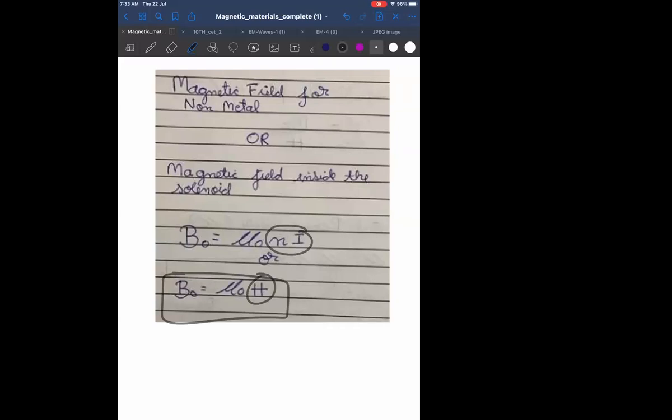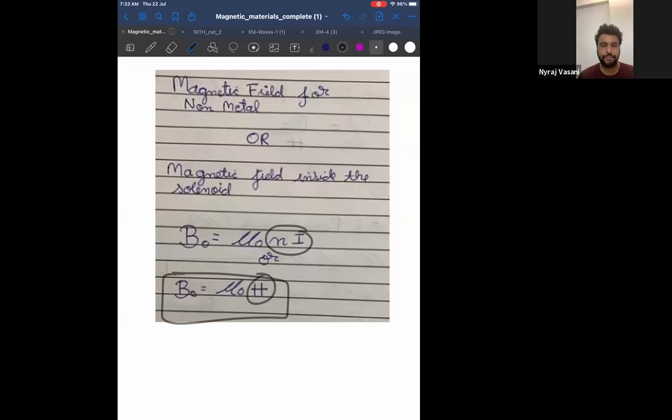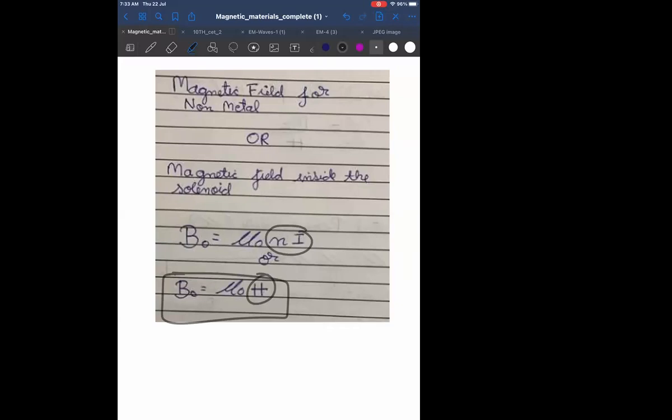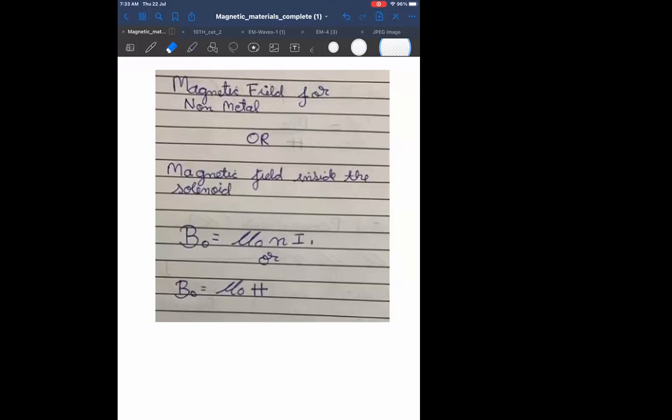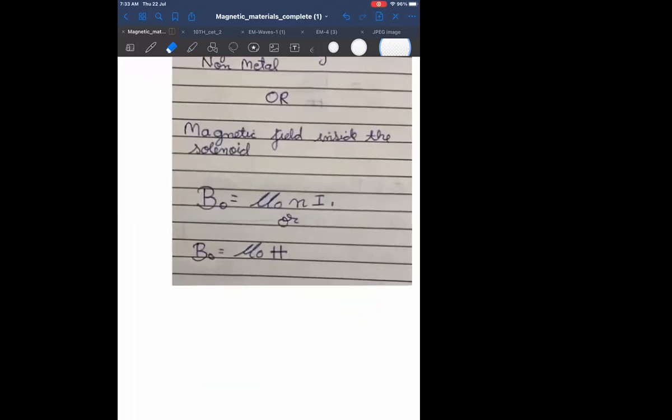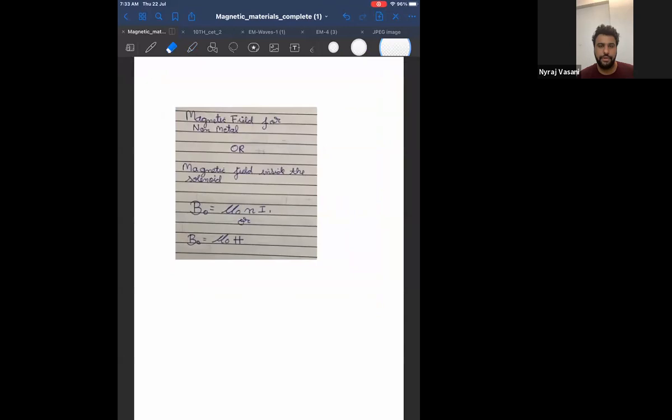Written this? I have done magnetic field for a non-metal. Now for the metallic part. Can we go to the next one?